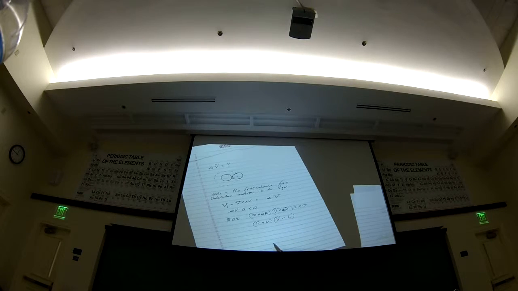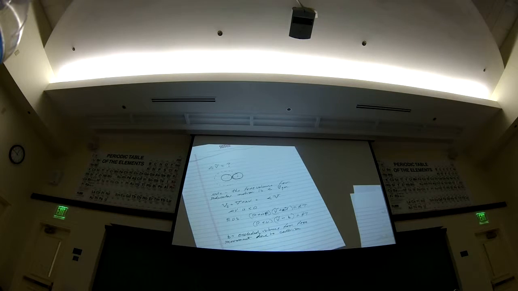That involves B, and that's equal to RT, and B is equal to the excluded volume for free movement due to collisions.